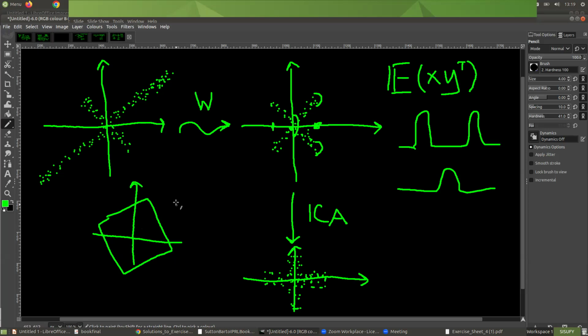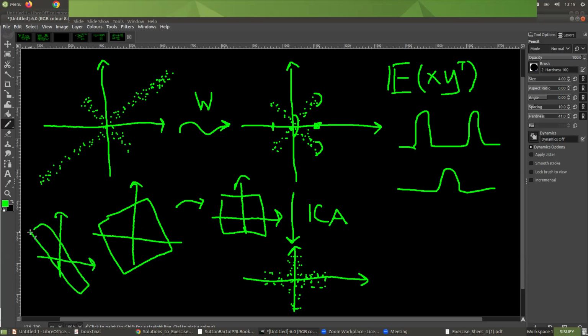But then ICA will actually rotate it so that it's like this. And maybe the original one was something like this. Okay, so whitening, ICA.